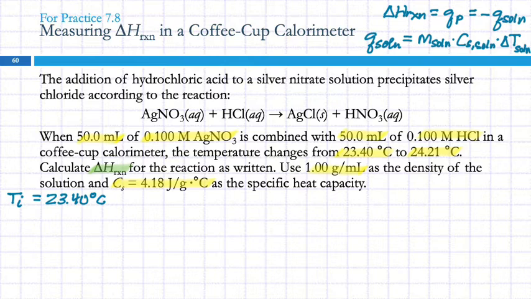That's where it starts. And T final is the one it goes to, which is 24.21 degrees Celsius. And then they're giving me the specific heat capacity for the solution of 4.18 joules per gram degree Celsius.